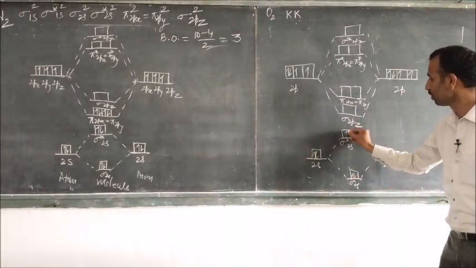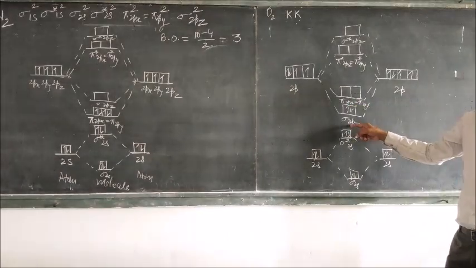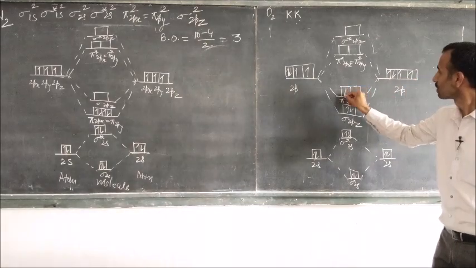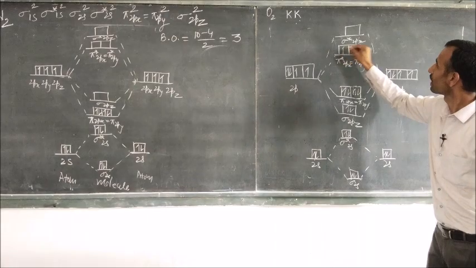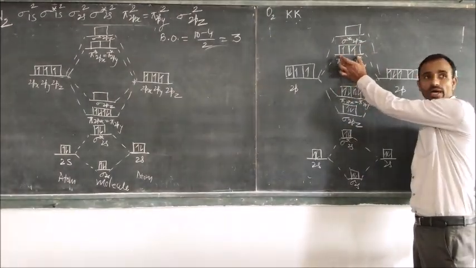So it is sigma 2s2, sigma star 2s2, sigma 2pz2, total 4 plus 4, 8. So 1, 2, 3, 4, 5, 6, 7 and 8, and now there are unpaired electrons.